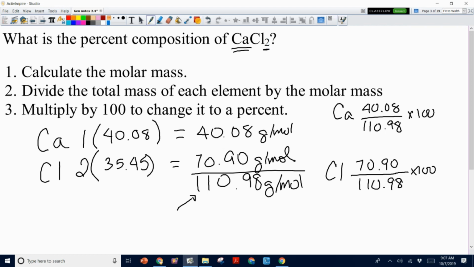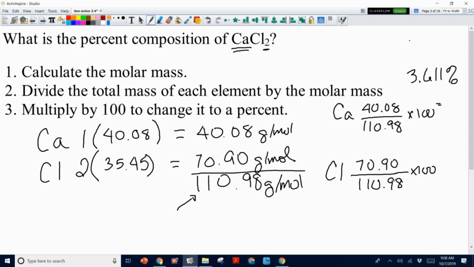With 4 significant digits, we're going to get on this one 3.611 percent. Then calculate the other one: 70.90 divided by 110.98, and then multiply that by 100.